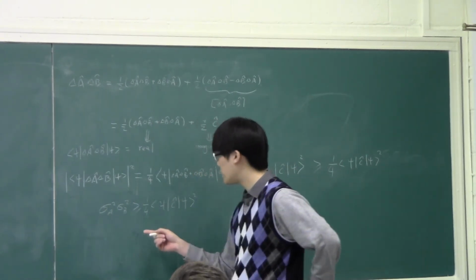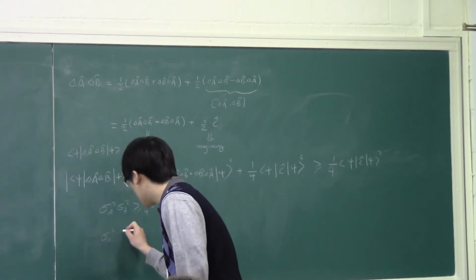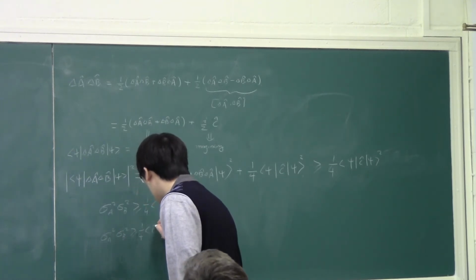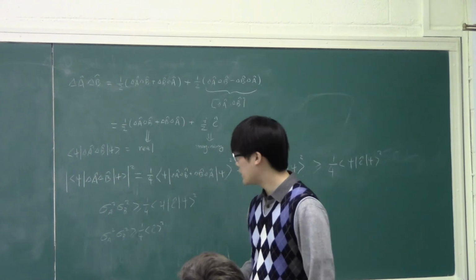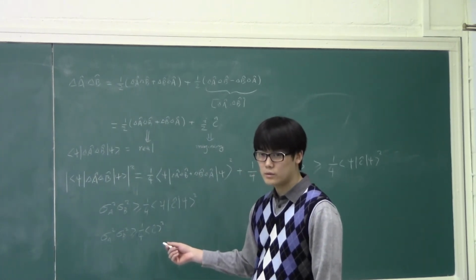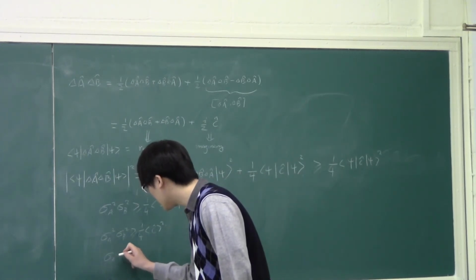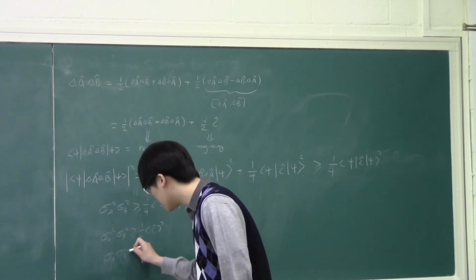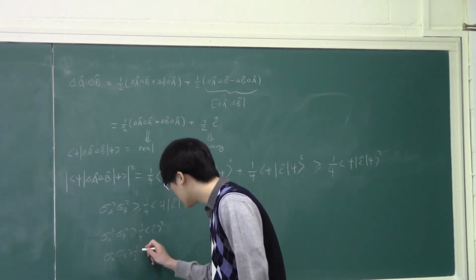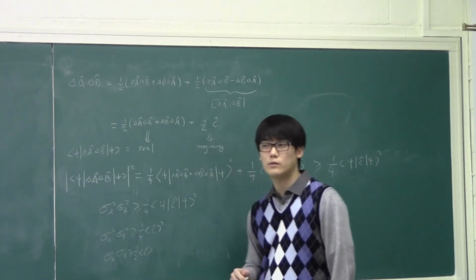So we can conclude that for any state, this is true. So we can just write this. And now all of these are real numbers, right? So if I were to take its square root, I get that the standard deviation, or in quantum mechanics we loosely call this just the uncertainty, is greater or equal to 1/2 the expectation value of the commutator.